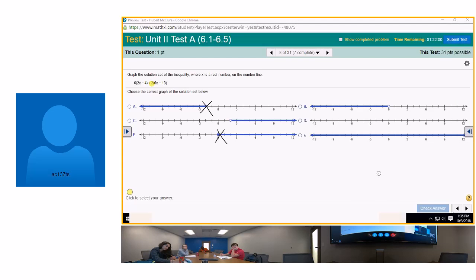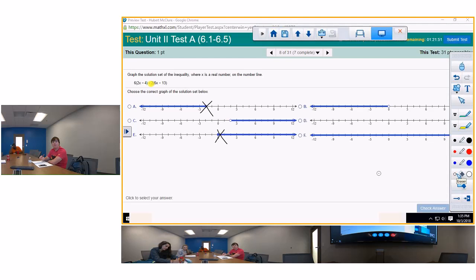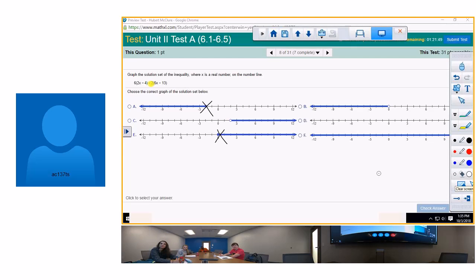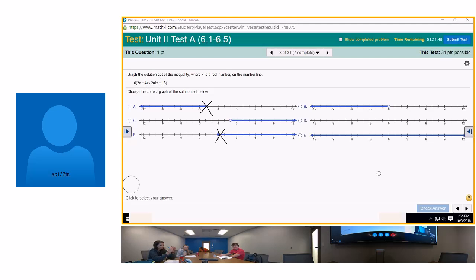Look at that inequality. That inequality right there tells us that we have to have what kind of circle? A closed circle. An open circle. Oh, y'all hurt my feelings. Just kidding. I was just kidding.